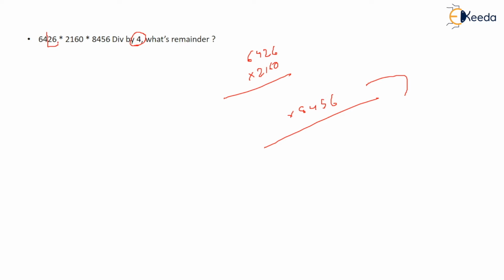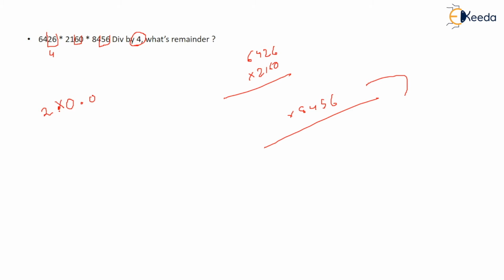So after you divide 26 by 4, what remainder do you get? You get 2 as a remainder, right? I told you the last two digits are used for the divisibility of 4. Now in this case, what do you get? You get 0. And in this case, what do you get? Remainder 0.